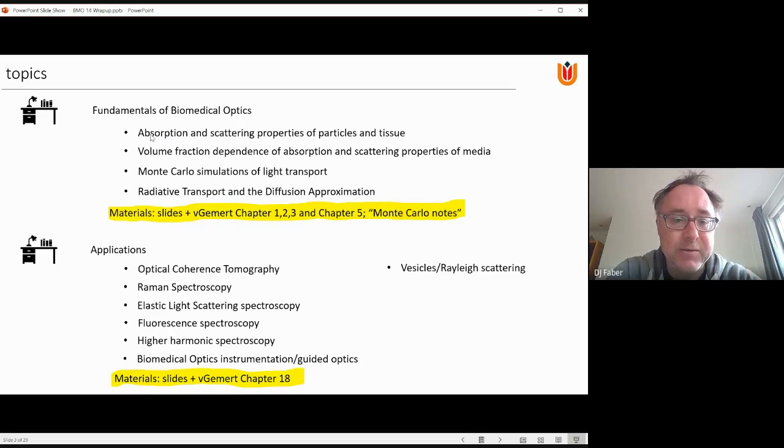Marloes about higher harmonic spectroscopy, microscopy, and then last session was Xavier on instrumentation and specifically guided optics. For the application part, the materials are actually just the slides and chapter 18 from Van Gemert's book, which is about OCT.